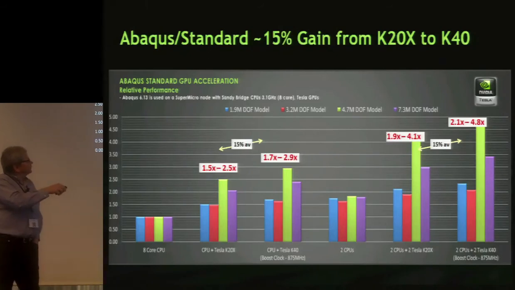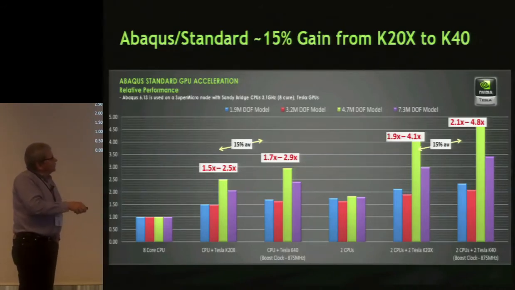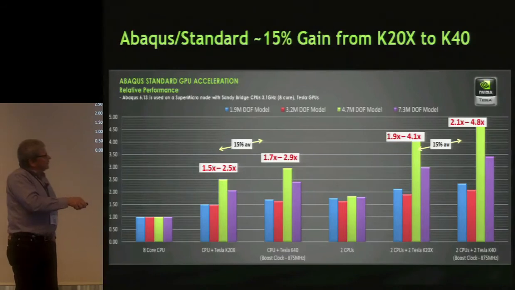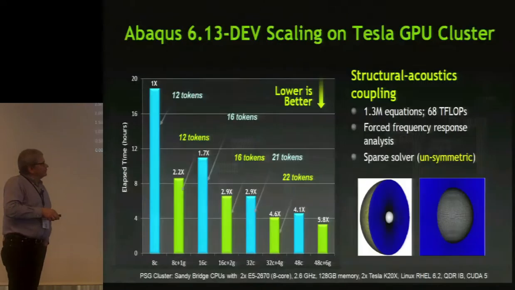The green is a 4.7 million degrees of freedom model, which benefits most on the GPU, and you also see the same picture as in the comparison on 1 GPU with the 8-core socket.